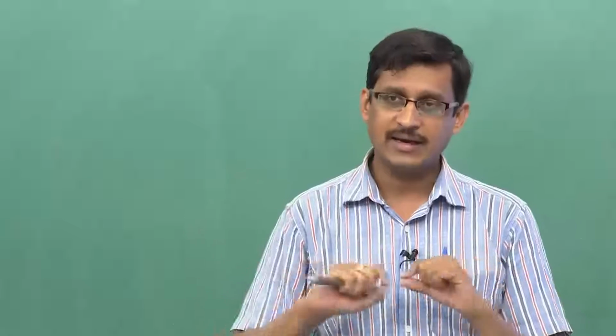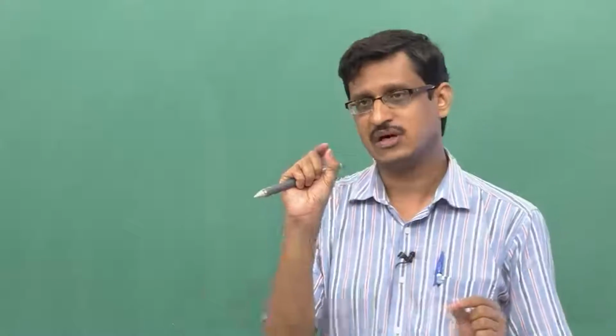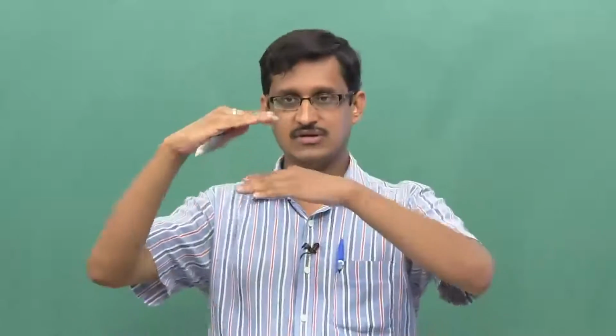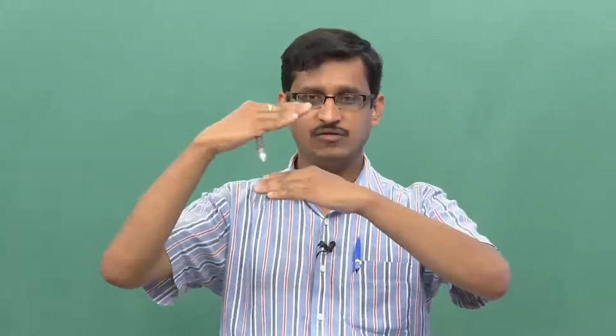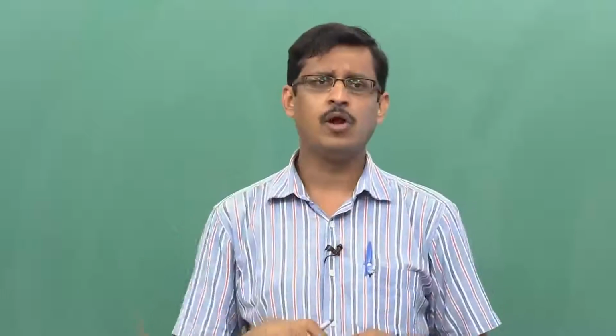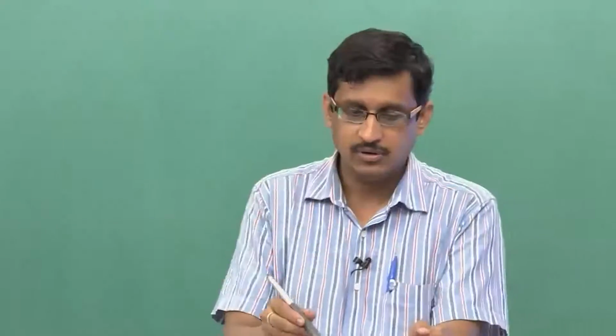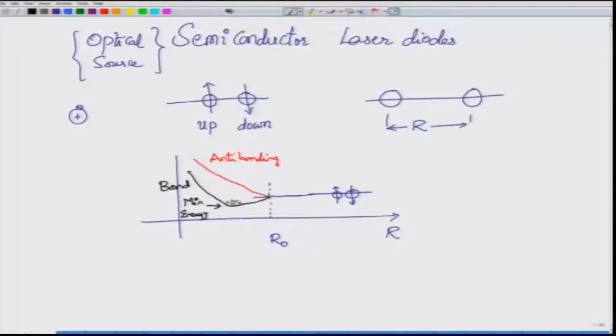However, for all practical purposes, the spacing between these 10 to the power 23 energy levels becomes so small. This is the total energy that is available, and this you split into 10 to the power 23. The spacing is going to be so small that for all practical purposes you can simply consider them to be a continuous quantity. So, you end up replacing this discrete energy picture by a band of energy.